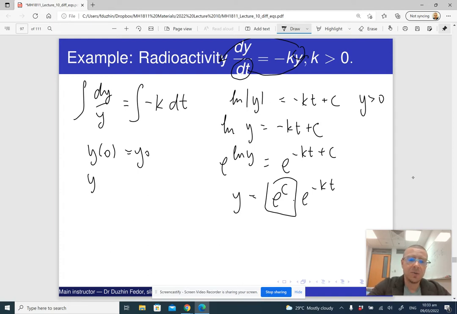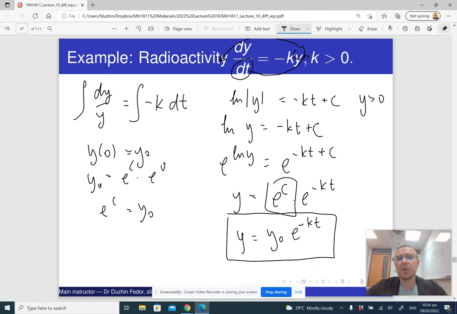So then you will get y0 equals e to the c times e to the 0, which gives you the relation e to the c equals y0, right? So the final answer is y equals y0 times e to the minus kt.